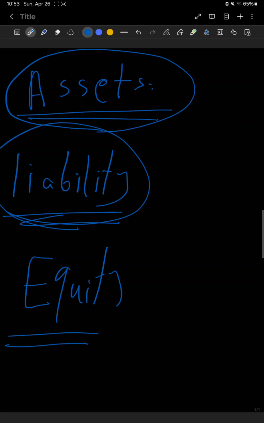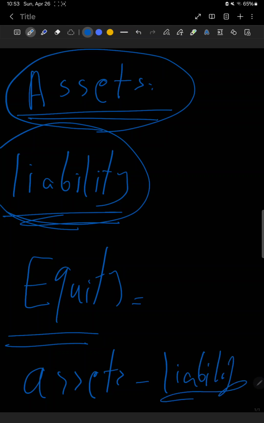So it could be given as equity equals assets minus liability, because I own things that bring me and make money, but also I have a lot of responsibilities that I have to pay for. So when you subtract that from that, you will have your equity.